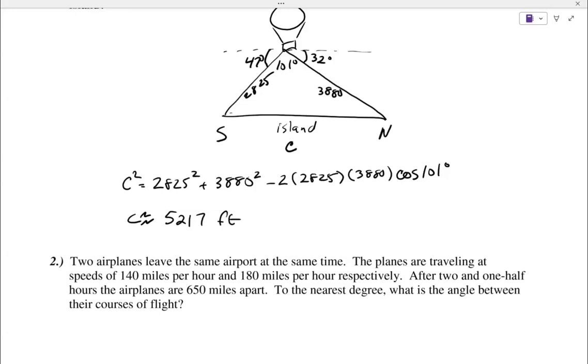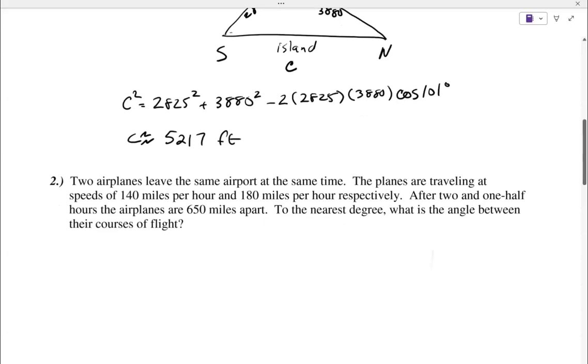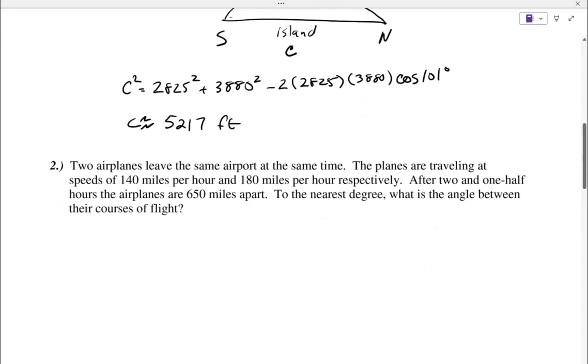All right, so let's look at the next one. This next one, they give you speeds of two airplanes.